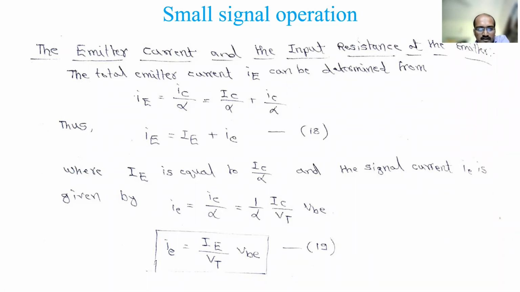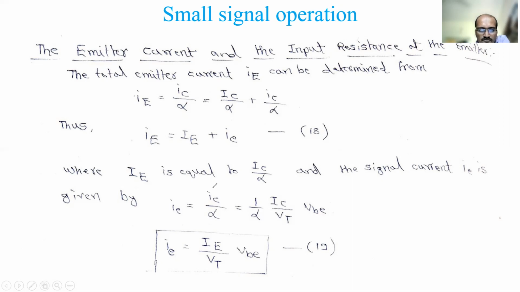So what was the IC value? 1 by alpha times IC by VT, which is what I got as IC by VT into VBE. This is the collector current. We got it at the very first, right? So that only I have substituted here, IC by VT into VBE. So now IC by alpha, that is IE.